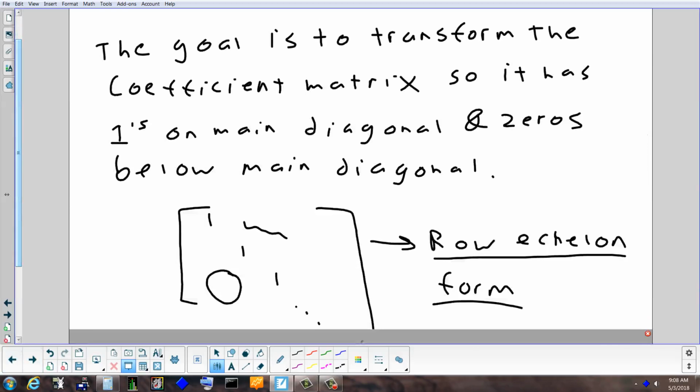Okay, that's the goal. Now, you might be doing a 2-variable, 2-equation system. You might have a 3-variable, 3-equation system. You might have 5 variables and 5 equations. You're not in this class, but get 1s on the main diagonal and 0s everywhere below it.